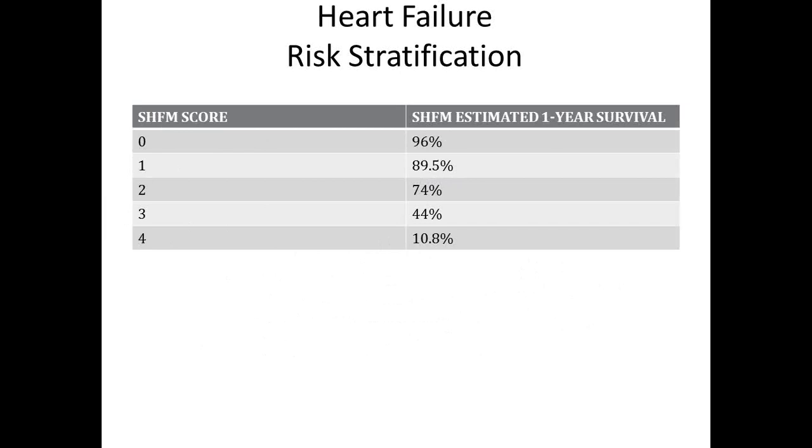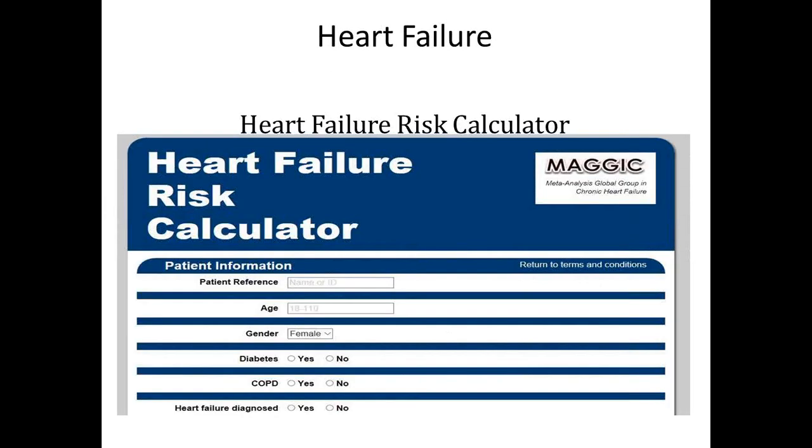Because if the patient has a low 1 year survival, you're going to be very aggressive. I mean, you should be aggressive in all the patients, but it's actually an app that you plug the data into, and it spits out the estimated 1 year survival. So it probably looks something like this, the heart failure risk calculator.